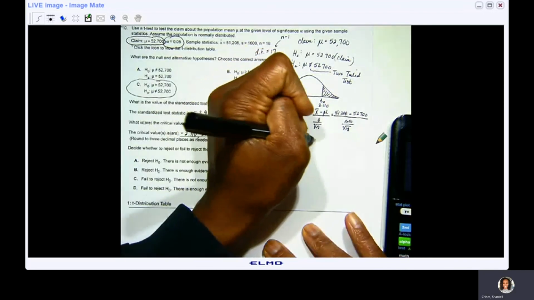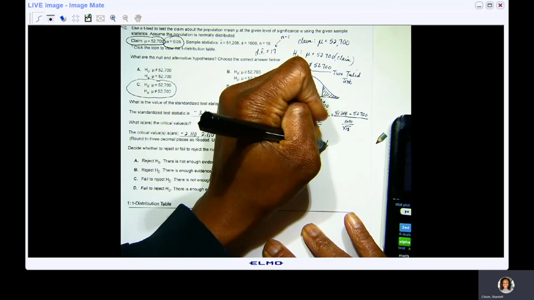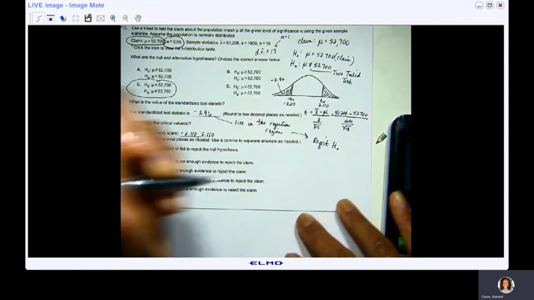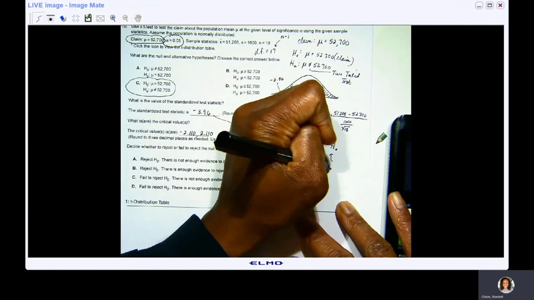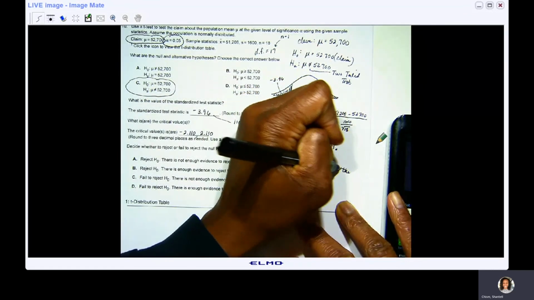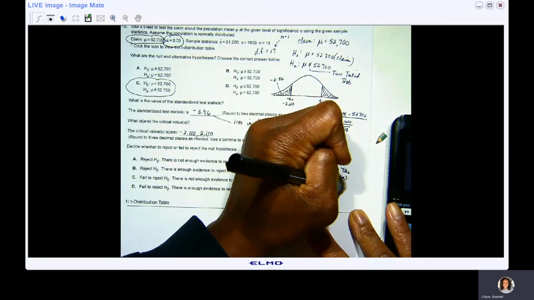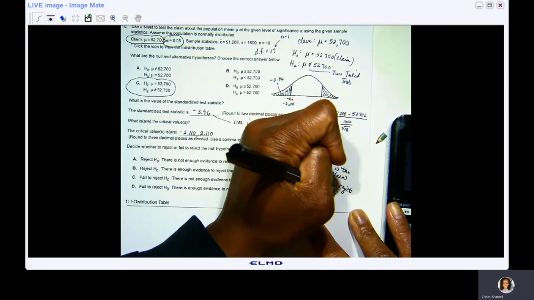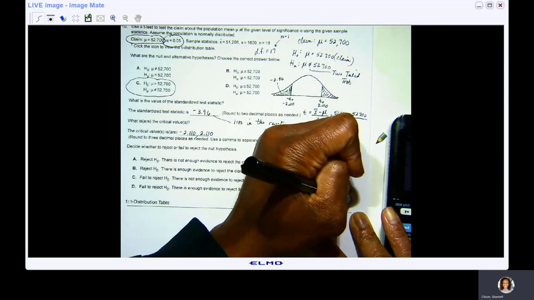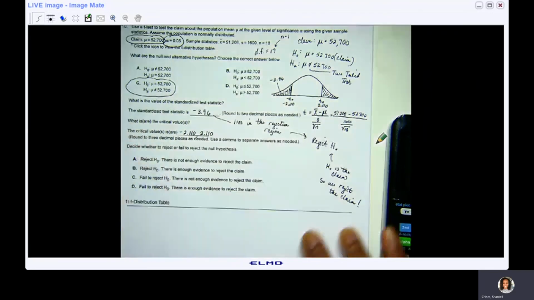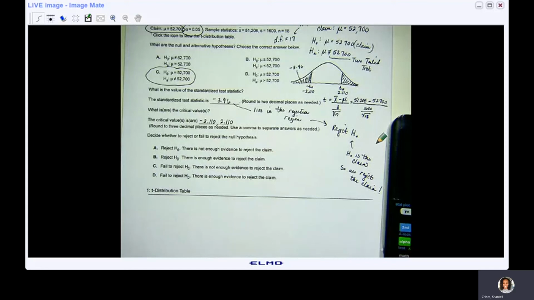So reject H naught. H naught is the claim. So you are rejecting the claim. Okay. So we reject H naught.